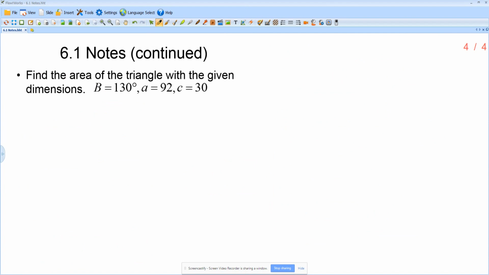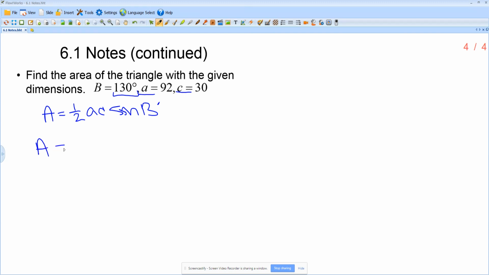So last, find the area of a triangle with the given dimensions, B being 130 degrees, side A being 92, and side C being 30. So the formula that we use here is area is equal to 1/2 the two sides, so A times C, times the sine of the angle.